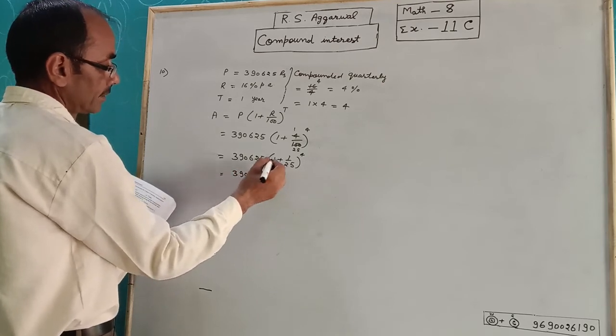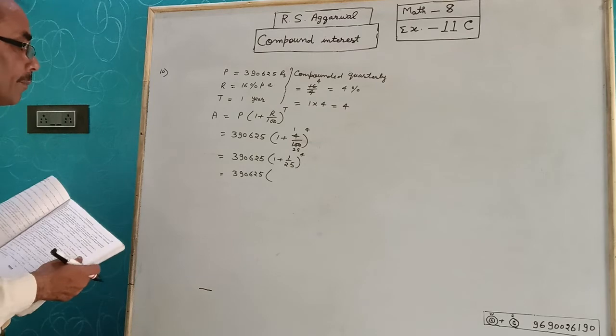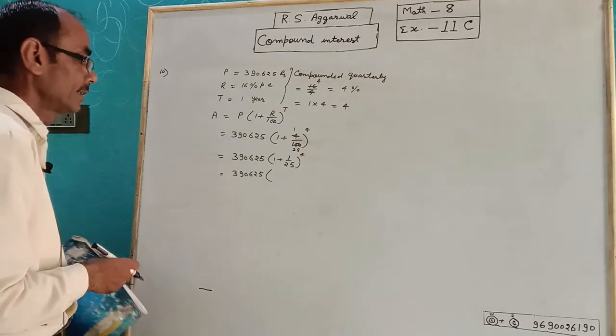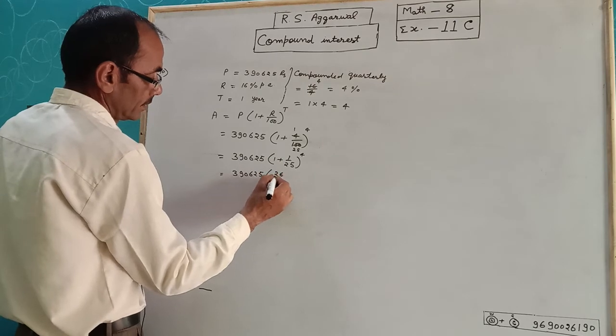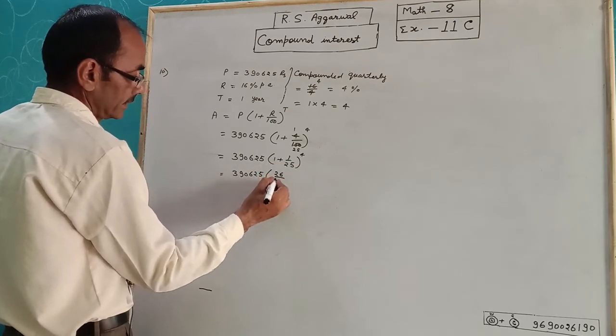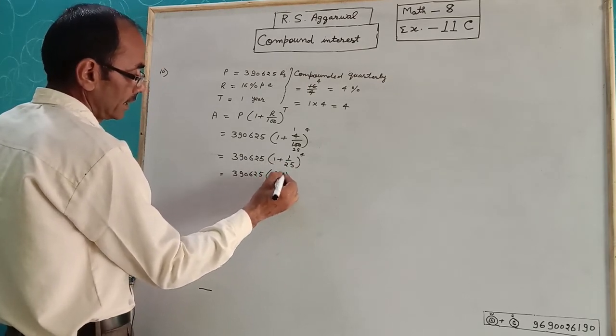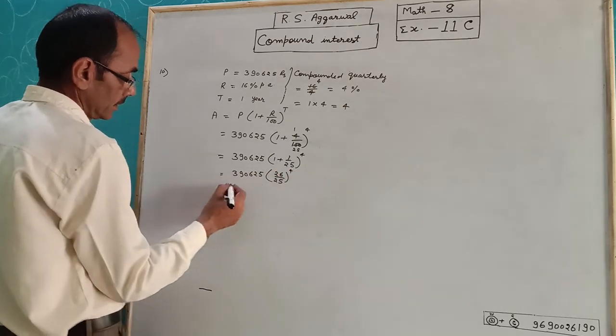3,90,625, change into improper fraction: 25 plus 1 is 26 upon 25 power 4.